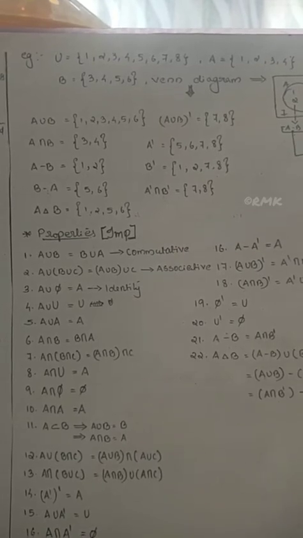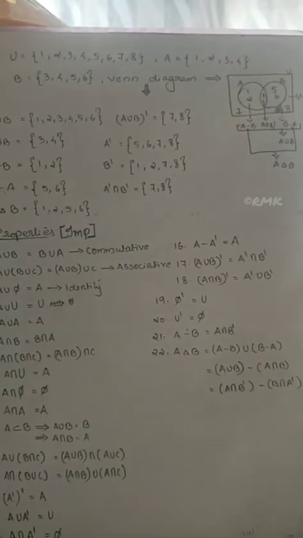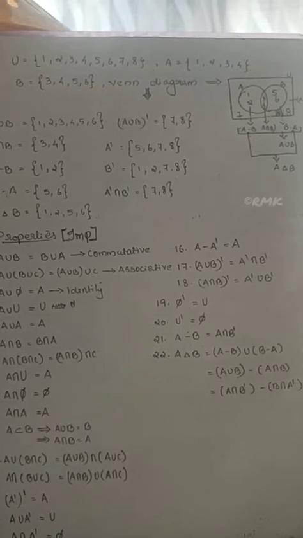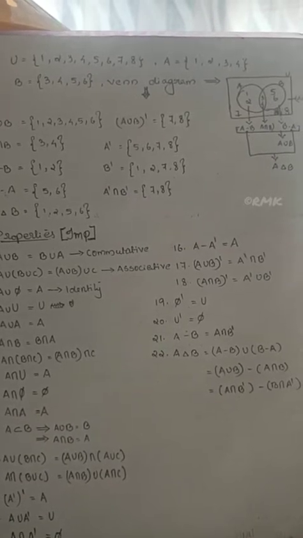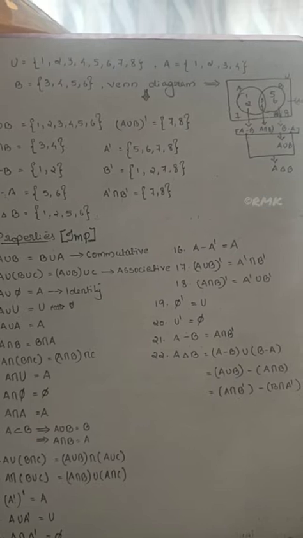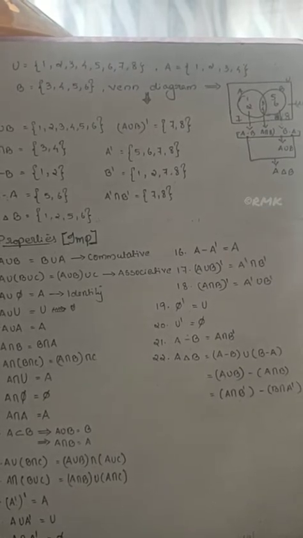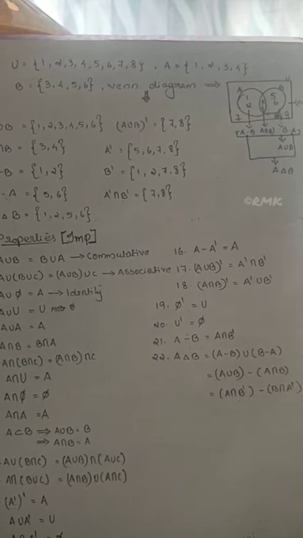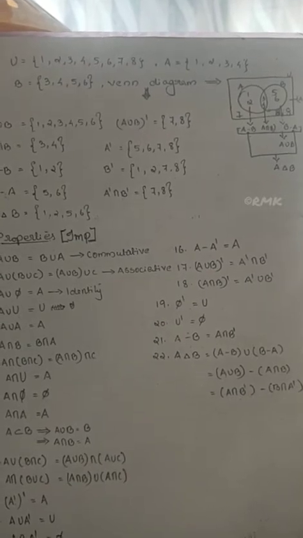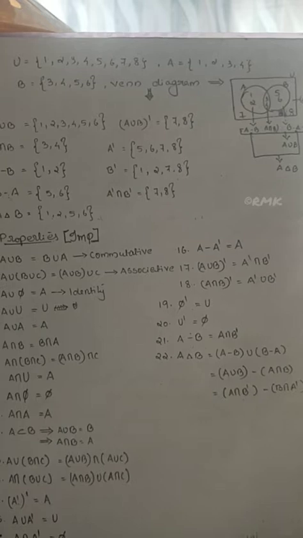A complement contains 1, 2, 3, 4. A complement means contained in U, not contained in A. The difference between U and A is 5, 6, 7, 8.